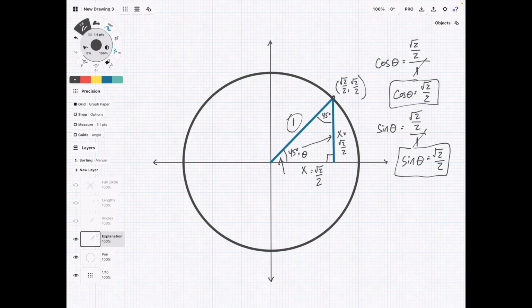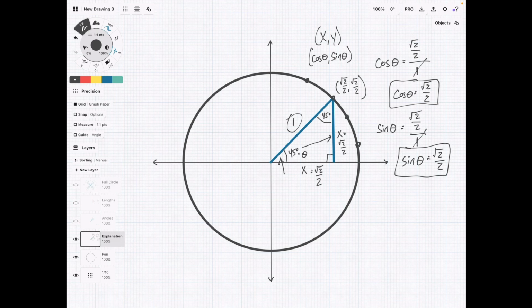All right, now we have something pretty cool to look at. What we'll see is that for any point along the outside of this circle, the x value is going to equal cosine. So if we have x, y, it's going to equal cosine theta, and then the y value is going to equal sine of theta.